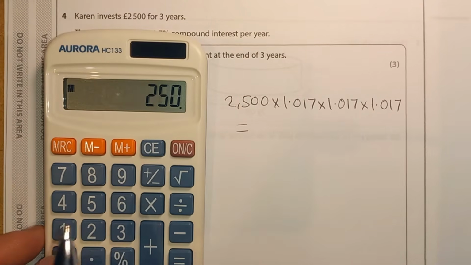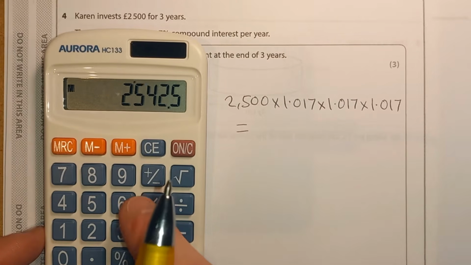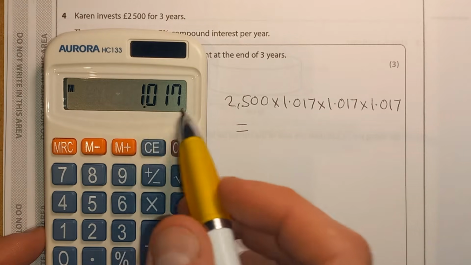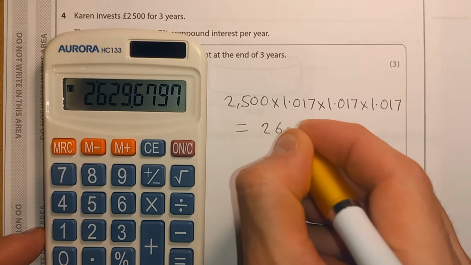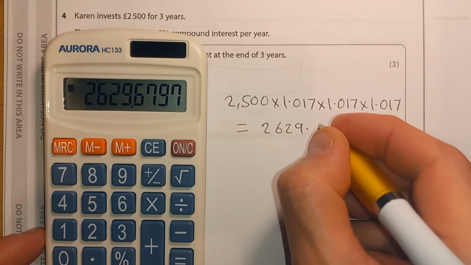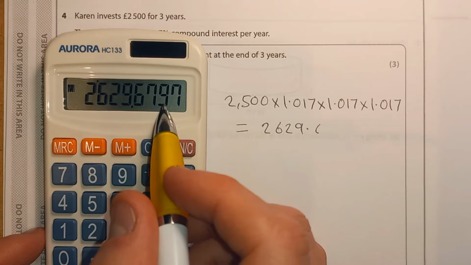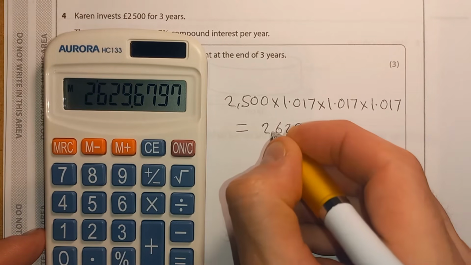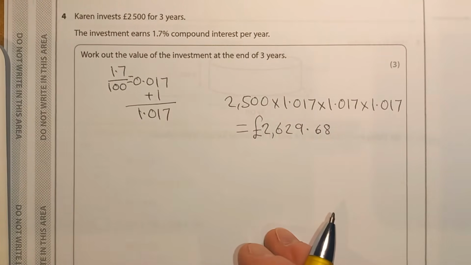So we're saying 2,500 times memory recall equals, times memory recall equals, and times memory recall, or you can type it in each time, 1.017 equals 2629 point, well, 2 decimal places will be 67, but this is a 9, so we're going to round up to 68. Put that in there and give it our pound sign.